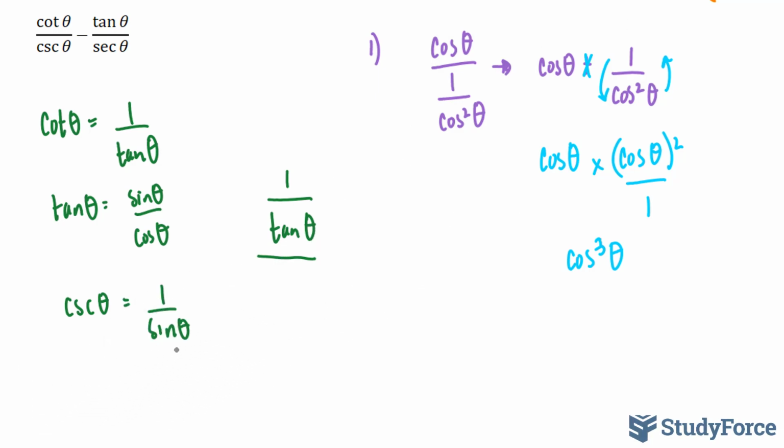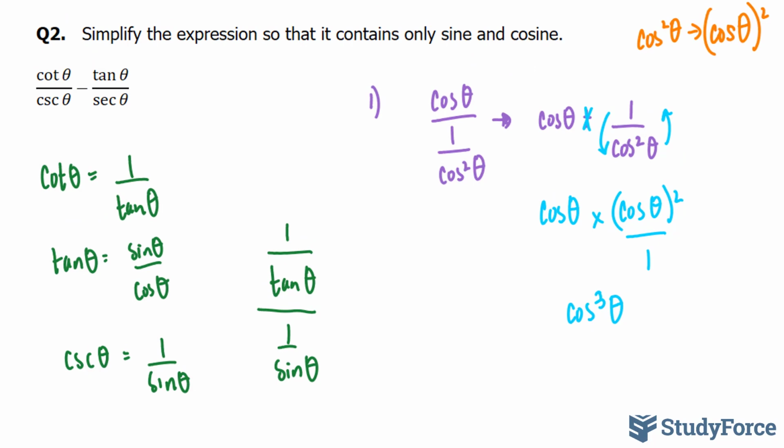So I'm going to replace this with 1 over sine theta as well. Now, because the question wanted it in cosine and sine, this tangent needs to be replaced with that. So we have sine theta over cosine theta. Hope you're following along here. And secant theta is equal to 1 over cosine theta.